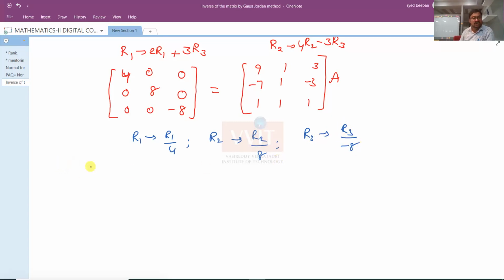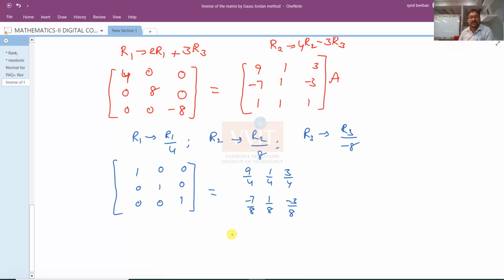Now if we check that, I may get here 1 0 0, 0 1 0, 0 0 1, which equals your first row with 4: 9 upon 4, 1 upon 4, 3 upon 4. Second row with 8: minus 7 upon 8, 1 upon 8, minus 3 upon 8.